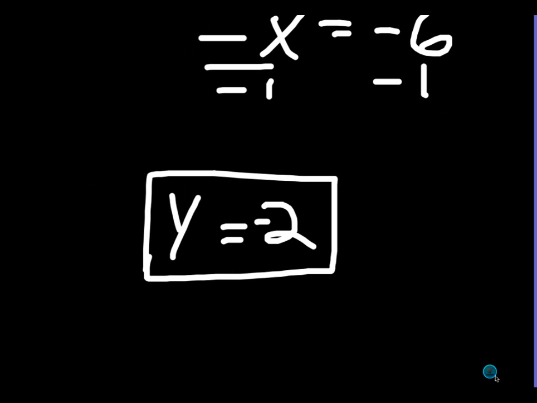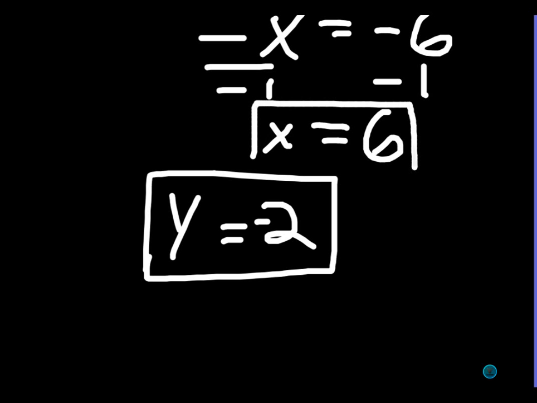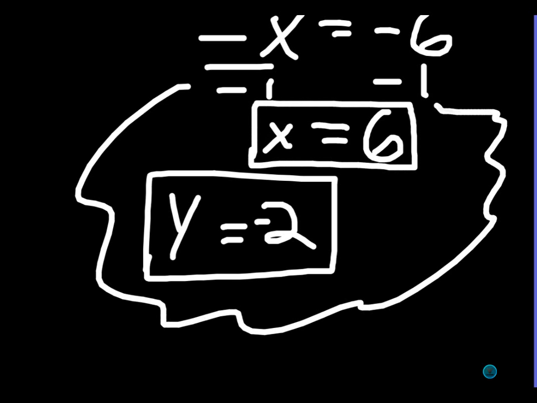We get x equals +6. And I've already got the other y written out. I like to put both solutions together, so we had x equals 6 and y equals -2. Like I said before, you can take those and plug them back into the original equations and they will work.